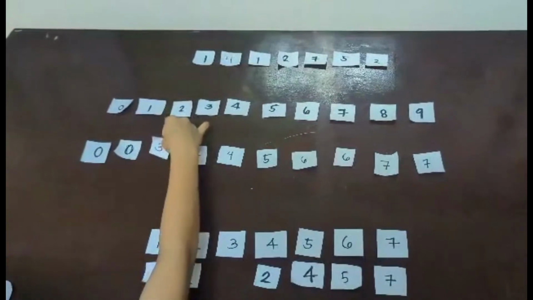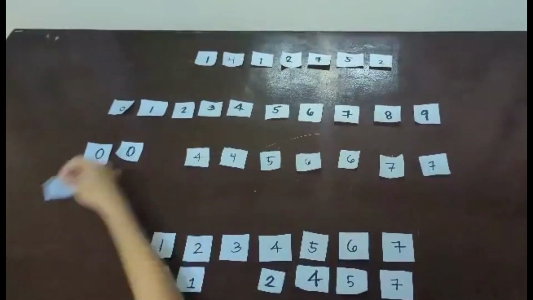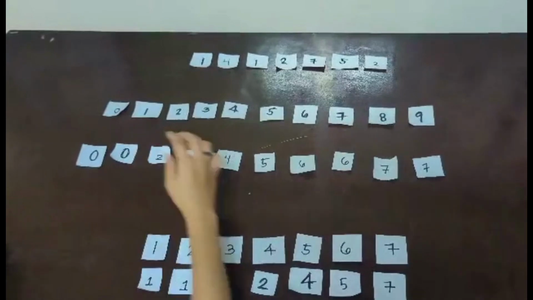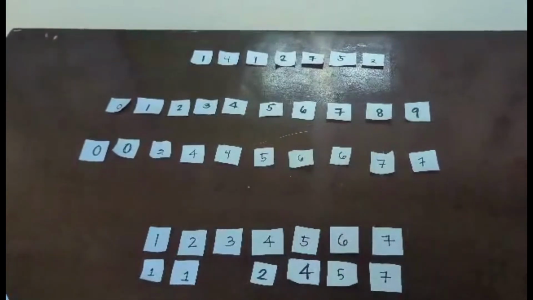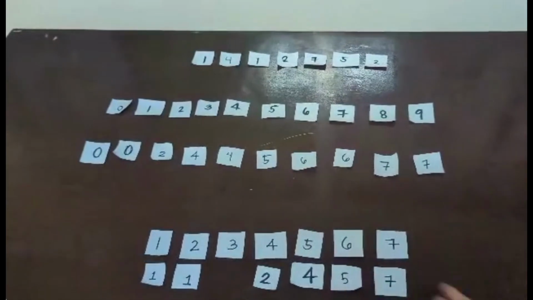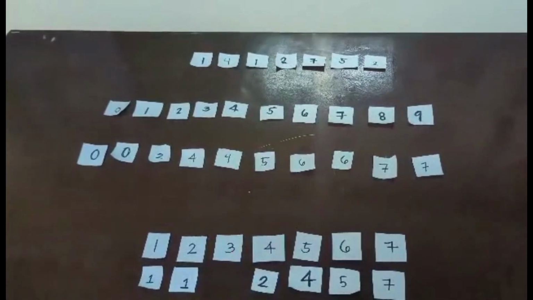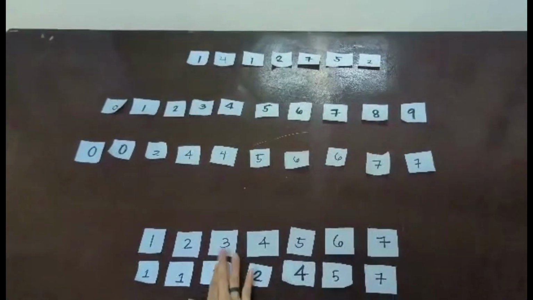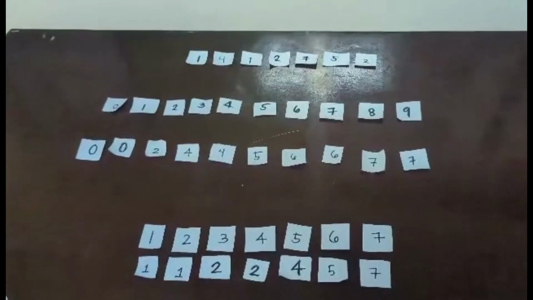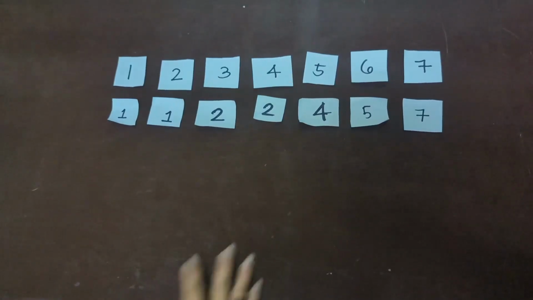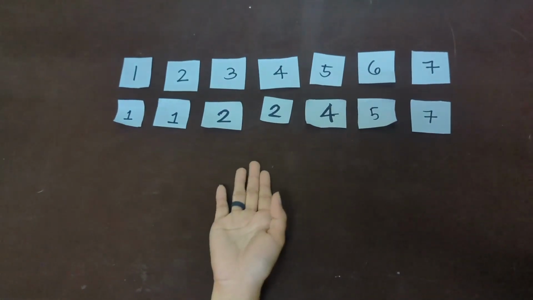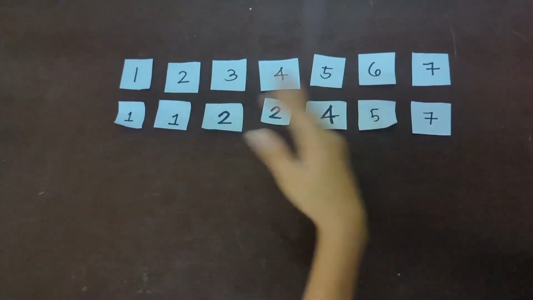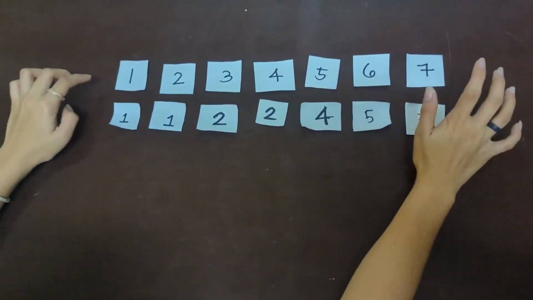That will be deducted by 1. So 3 minus 1 equals 2. So our 3 will be 2. This is our output, the correct positions that we place in our 7 places.